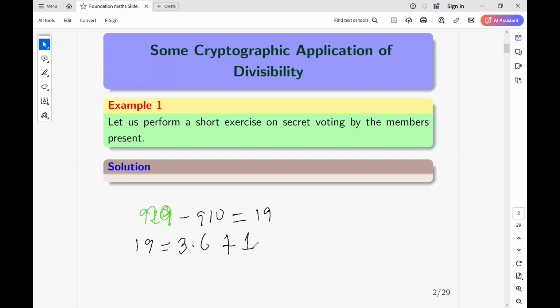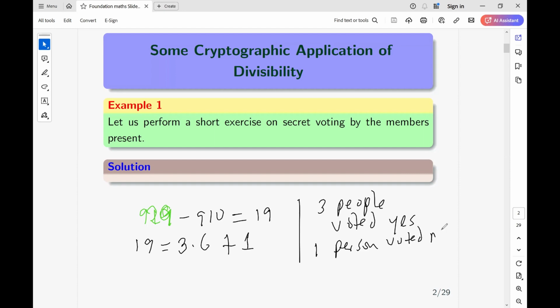So this tells me that 3 people voted yes. Then it tells me that one person voted no, because we cast 1 vote.